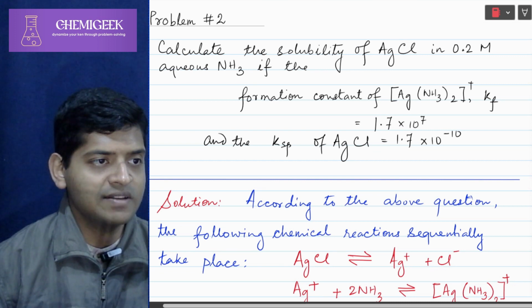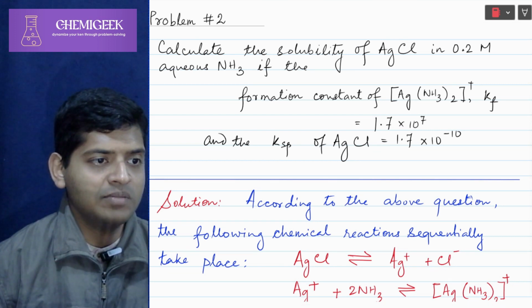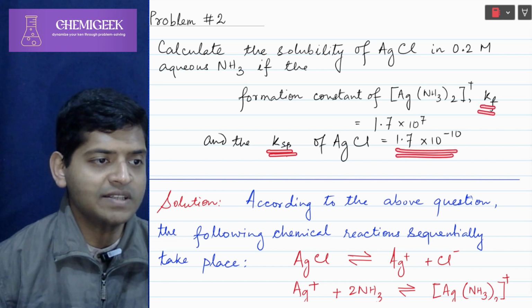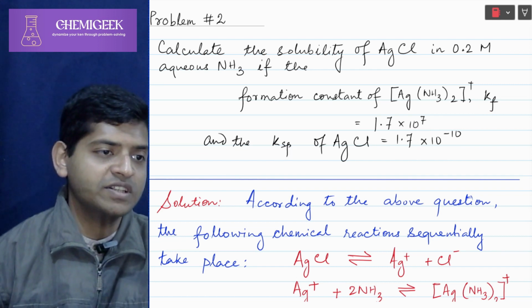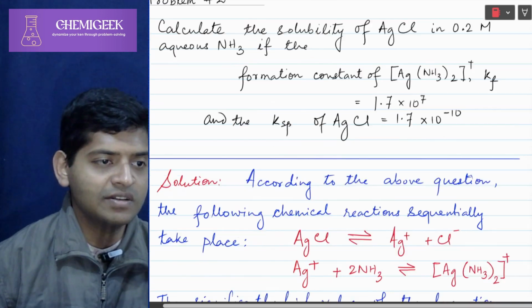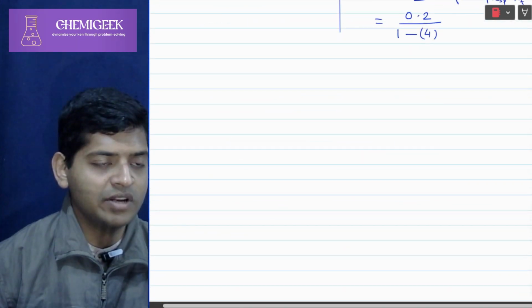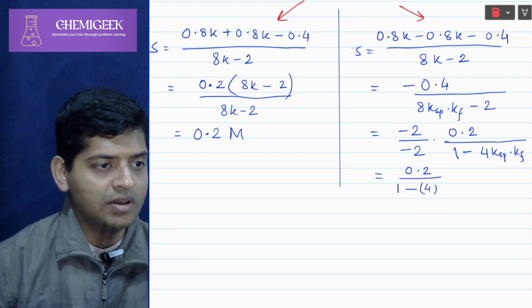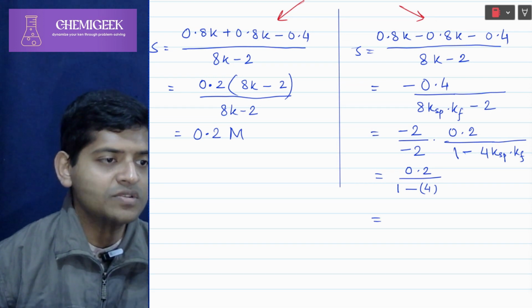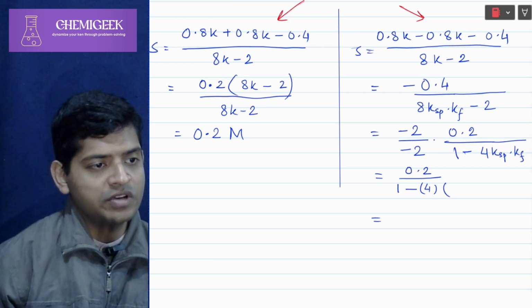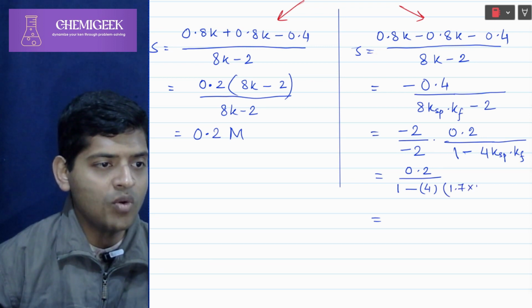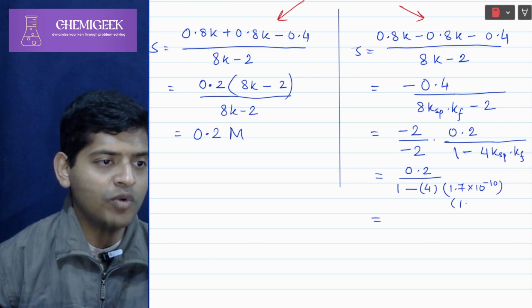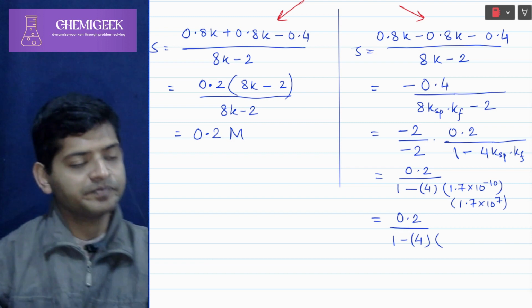KSP is 1.7 multiplied by 10 to the power minus 10, and the formation constant is 1.7 multiplied by 10 to the power 7. So this is equal to 0.2 divided by 1 minus 4 into 2.89 into 10 to the power minus 3.